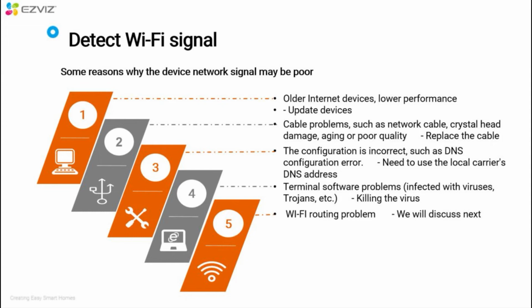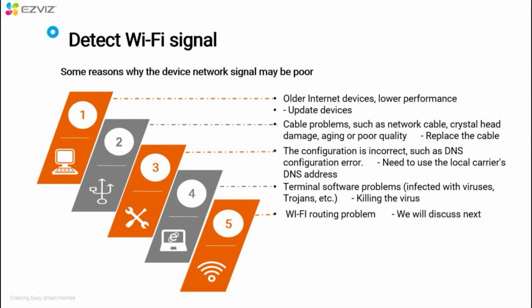So you need to check all the settings in your routers or the other internet devices. And the fourth one is terminal software problem. So you need to kill the virus.